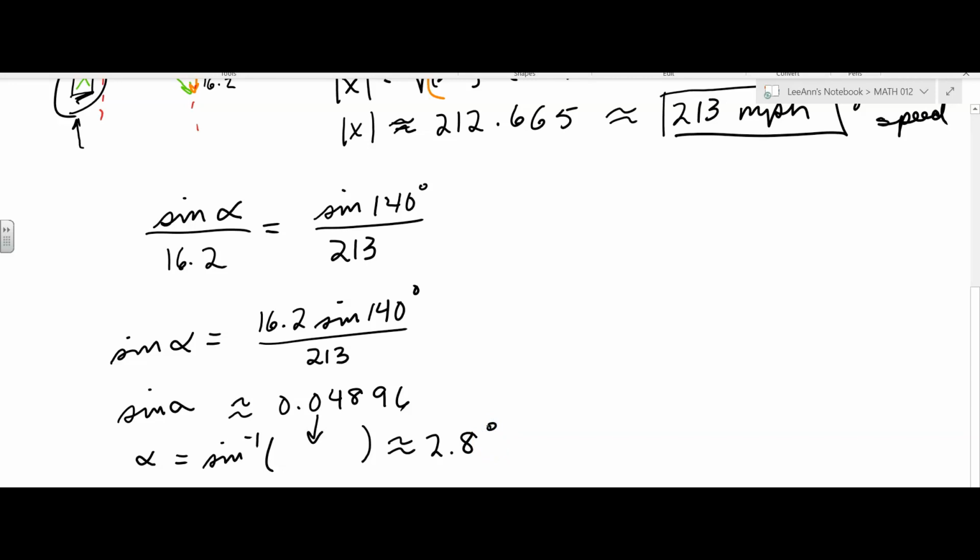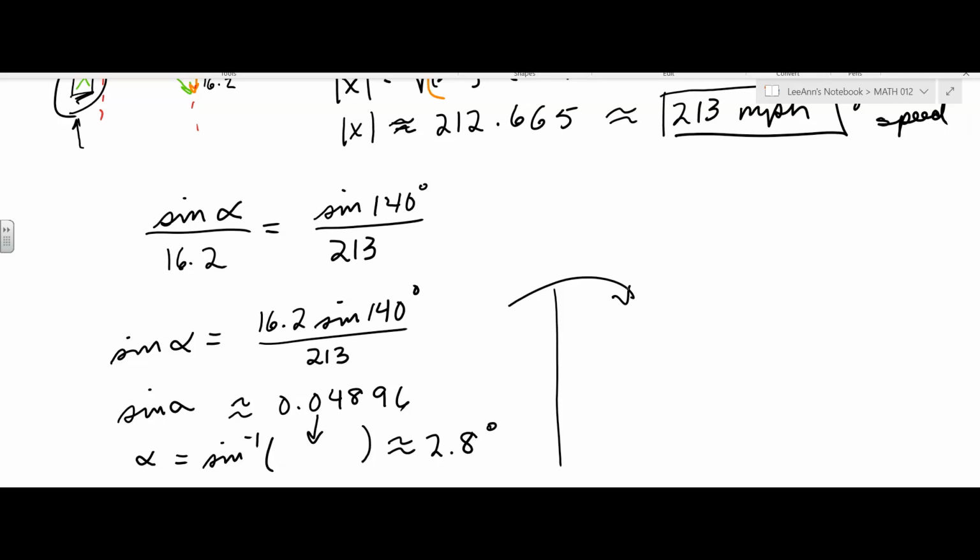Now, if I were to actually use the number 213, let's see what we get. So alternate plan here. 16.2 sine 140 divided by 213.